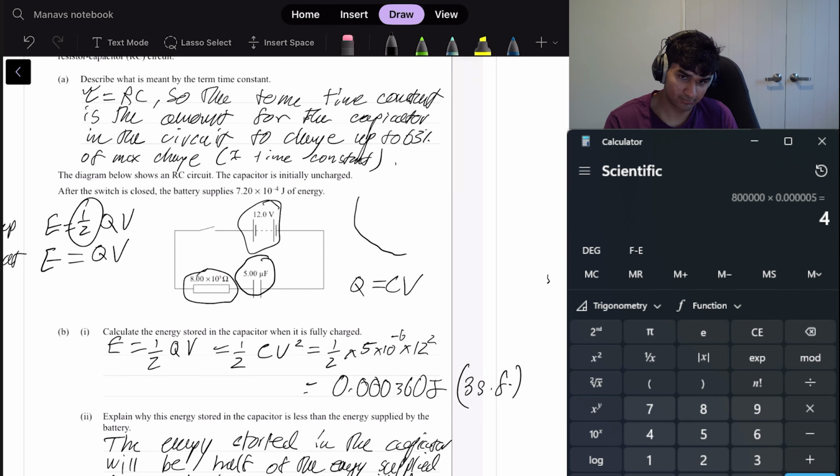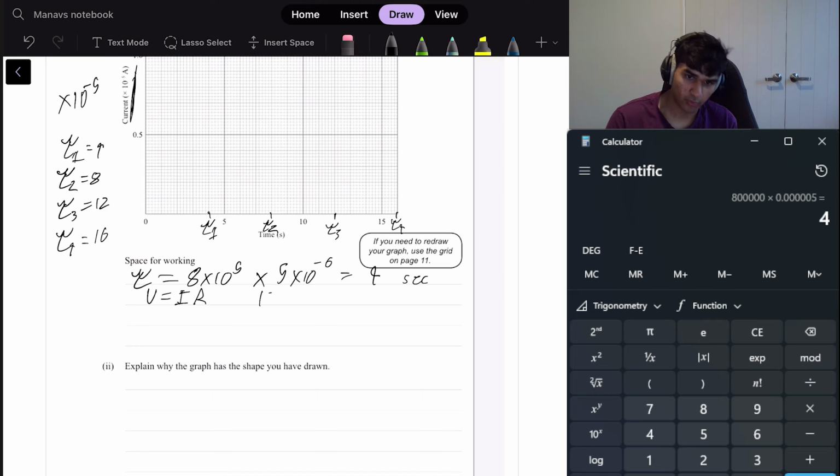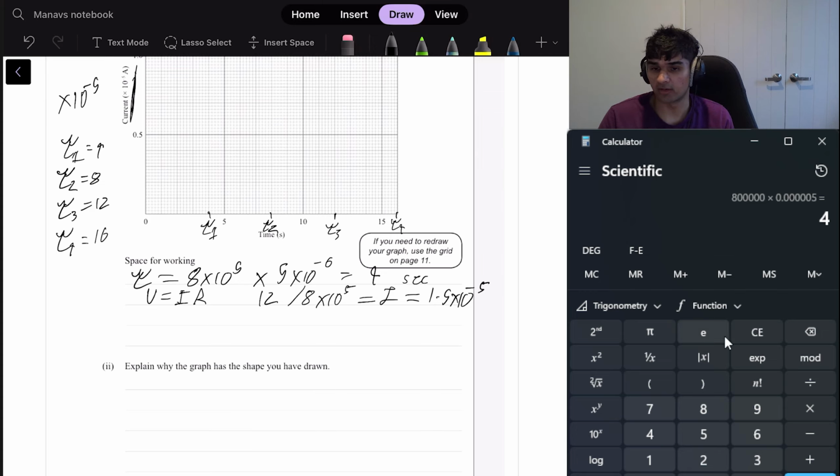V equals IR. Voltage was 12. Divide that by 8 times 10 to the 5 equals I. It's going to be a small number. 12 divided by 8E5. Boom.